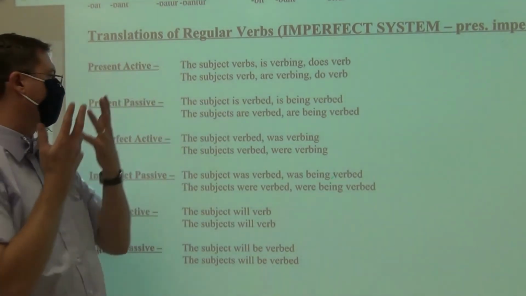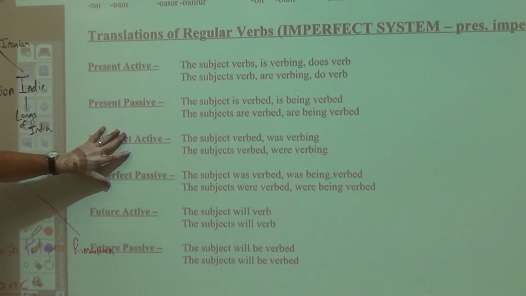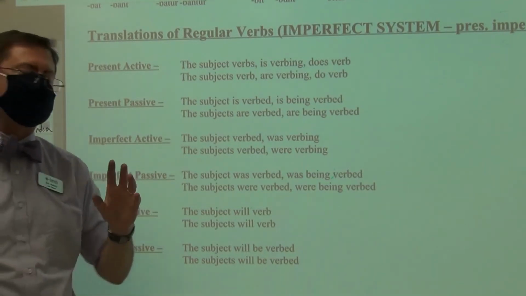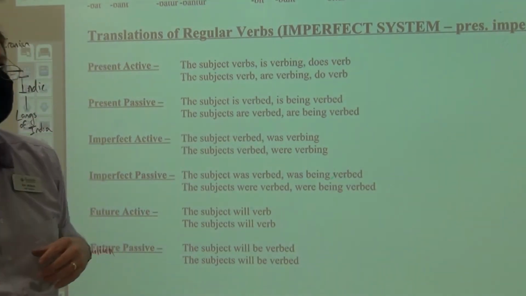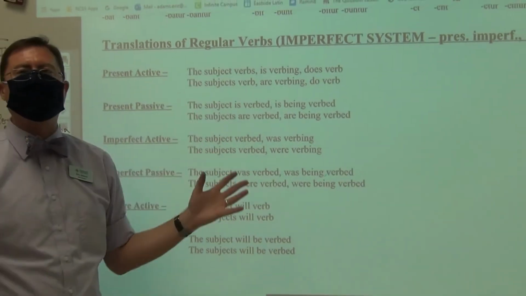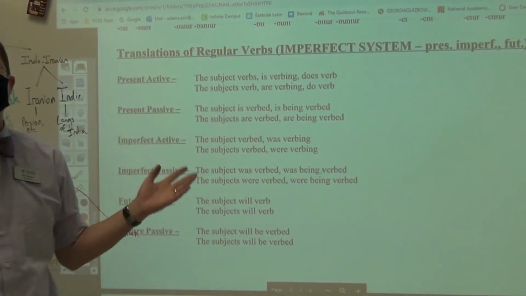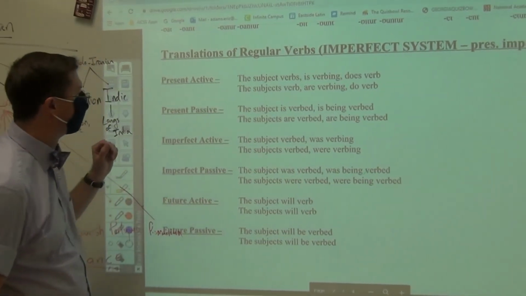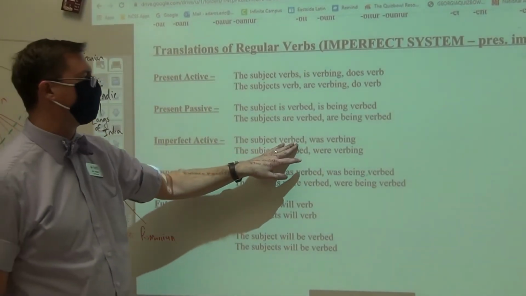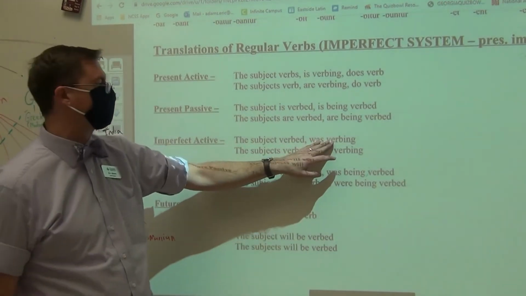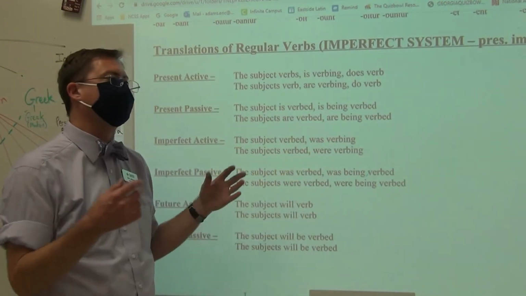And in the plural, the subjects, they are verbed. They are being verbed. The imperfect, remember, you want to express the action as though it's happening in the past, but not completed. It's usually over an extended period of time. A continuous action of the past as you describe it. So you can say for when it's imperfect, the active, the subject verbed, or better yet, the subject was verbing. Now there are other expressions as well.